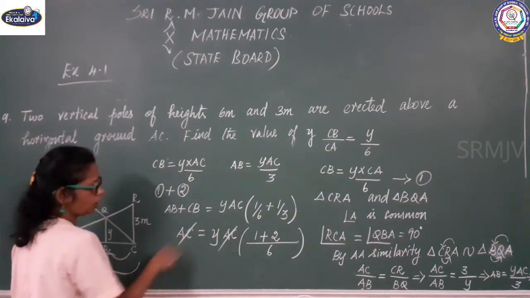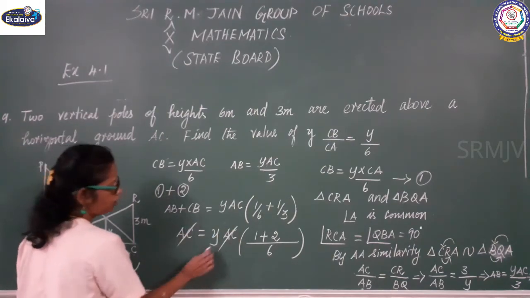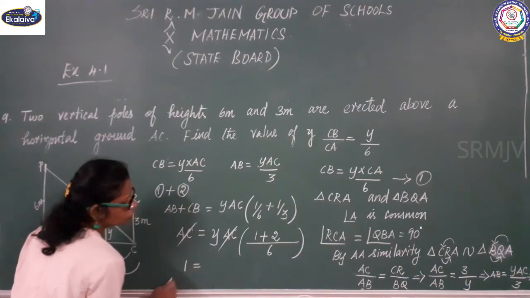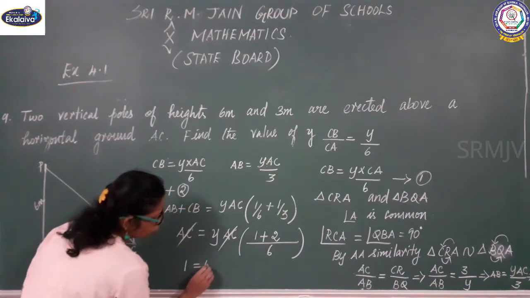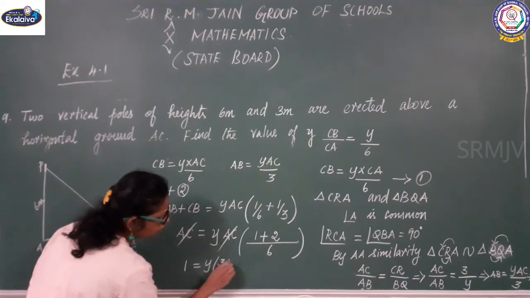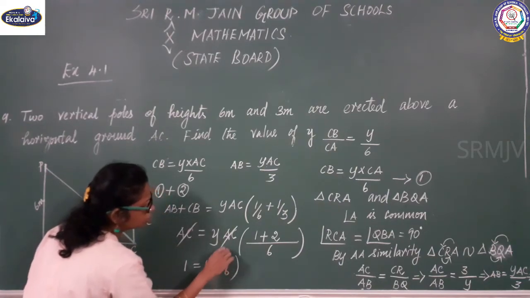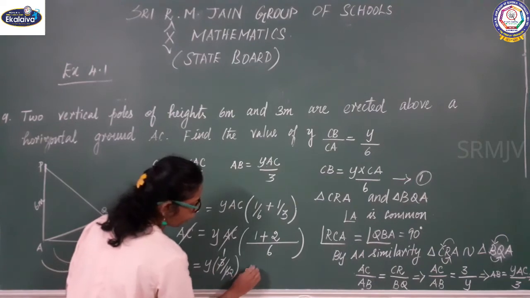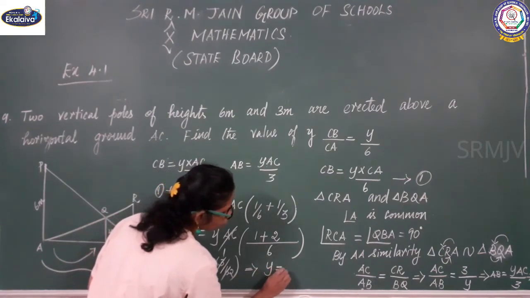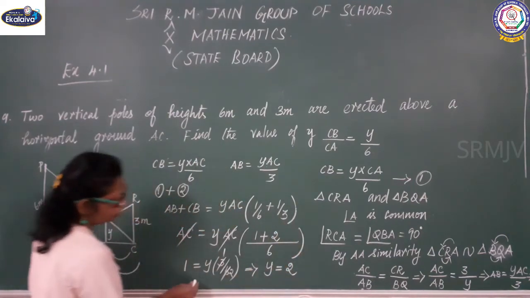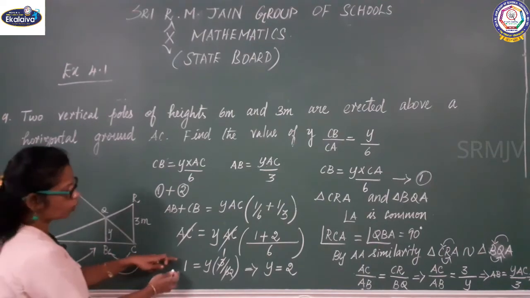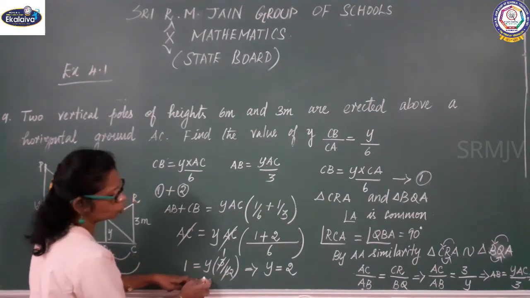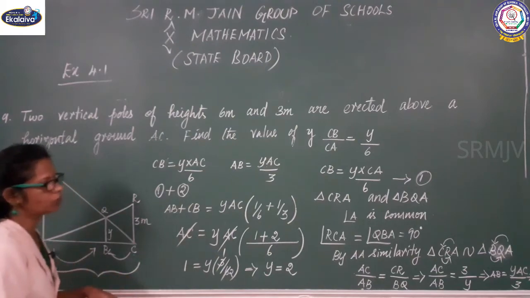Then AC cancel, 1 equal to Y into 3 by 6. Which implies Y is equal to 2.